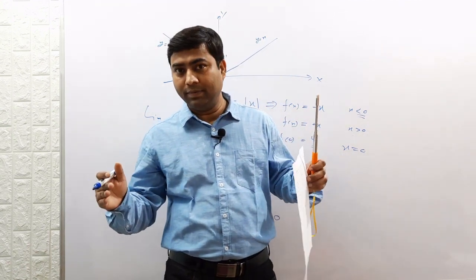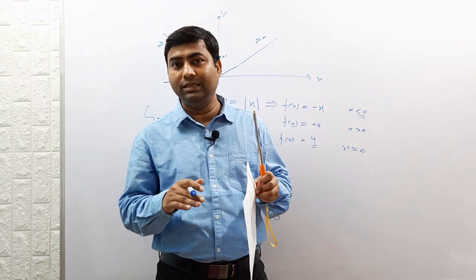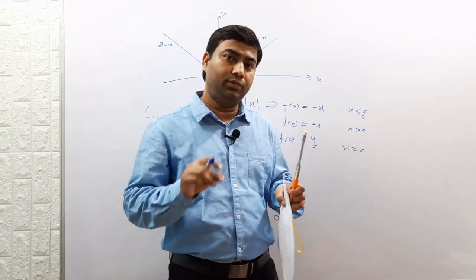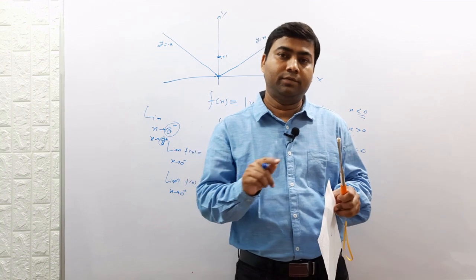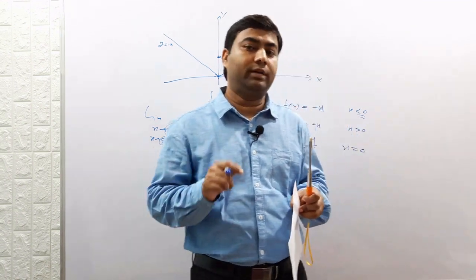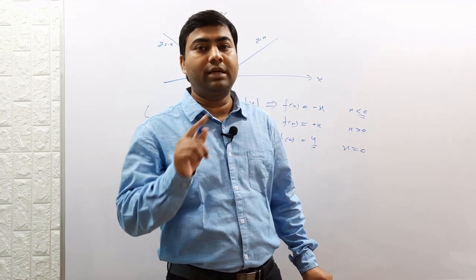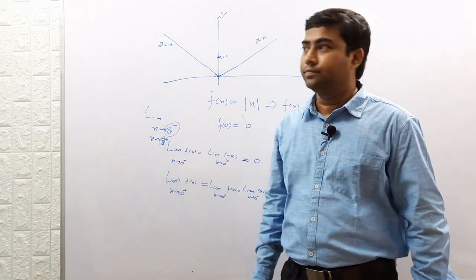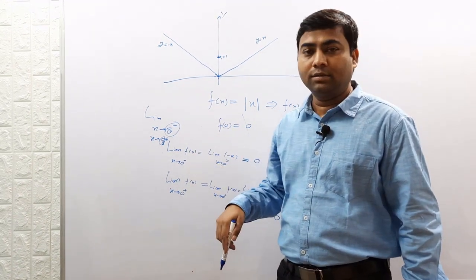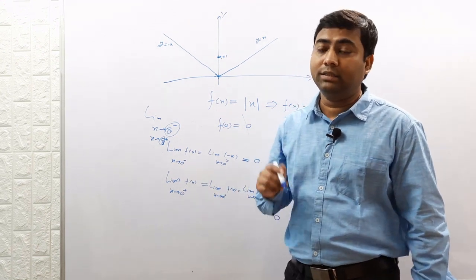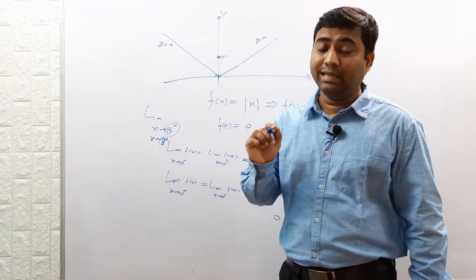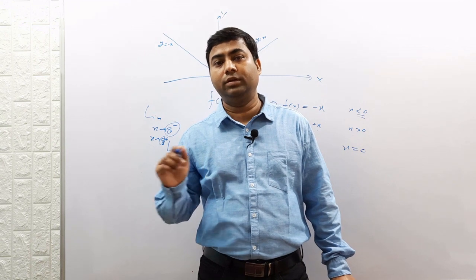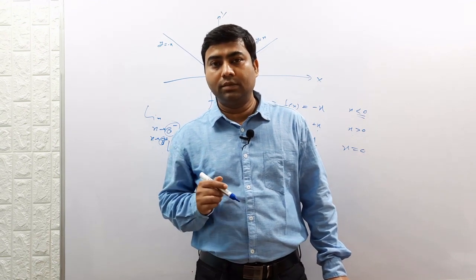The right hand limit and left hand limit being the same indicates the function is converging to a single value at the point where we are trying to find continuity, and the value of the function is also equal to the left and right hand limits. That means the function has attained a single value at the point x equal to a, which makes it a continuous function.